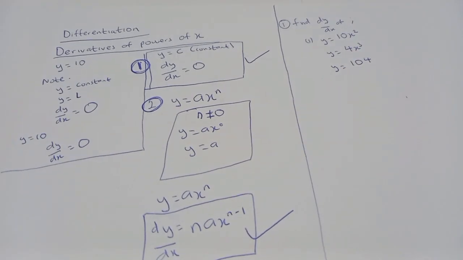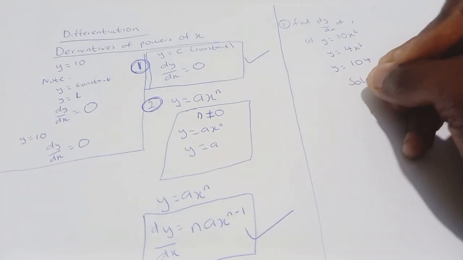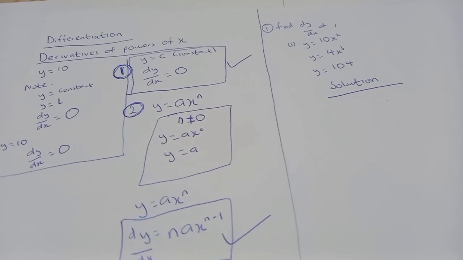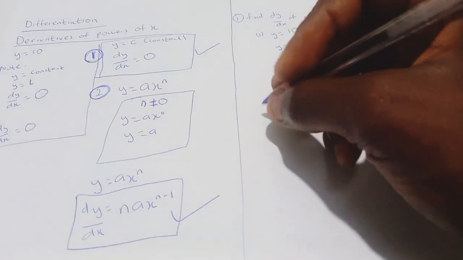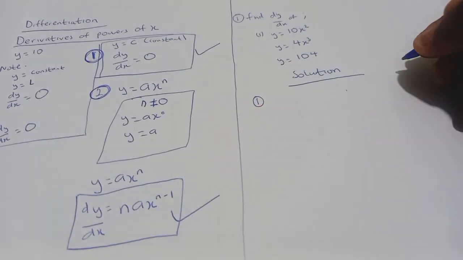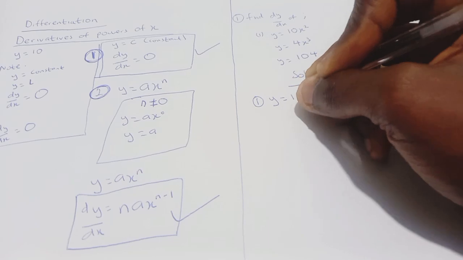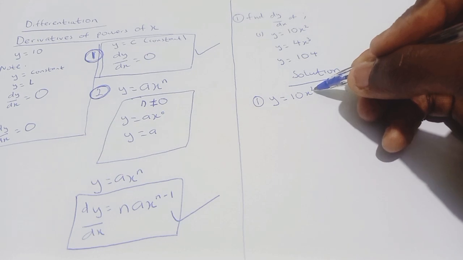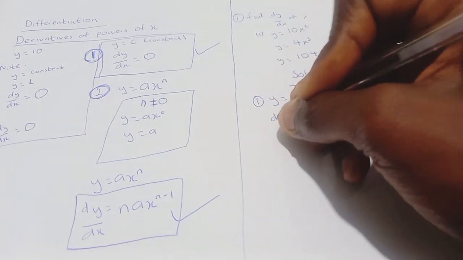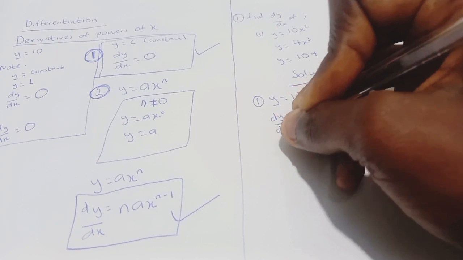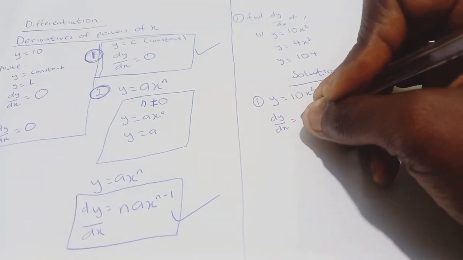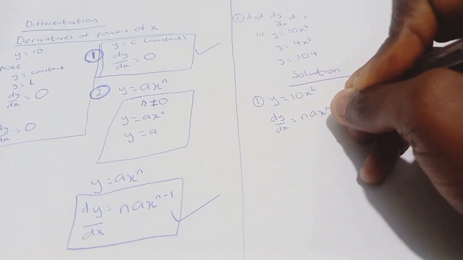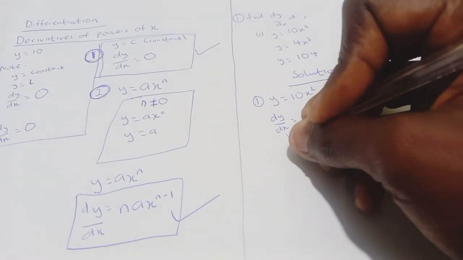Let's try solving these simple examples. With the solution, the first one, you know that you always take a question. So you quote this one because n is not equal to 0. Are you getting it? So then you have dy/dx is equal to, first note that with this we have it to be nax^(n-1).